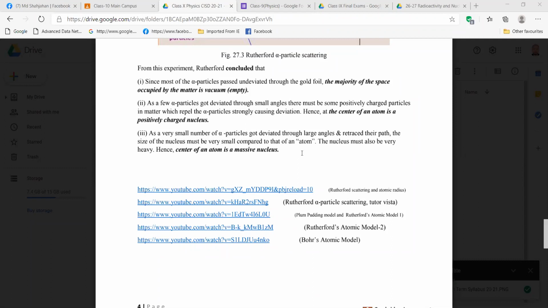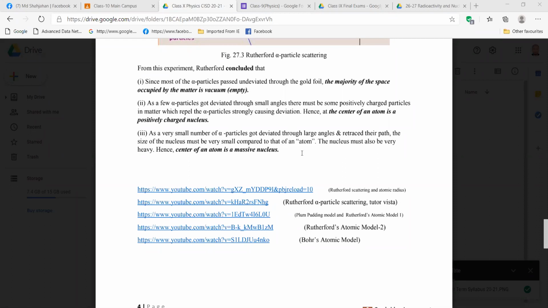Can you guess that? This is heavier. So the gold foil nucleus is a heavy nucleus, and in comparison we have helium, which is small: 2 protons, 2 neutrons.